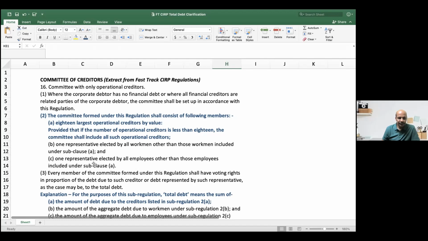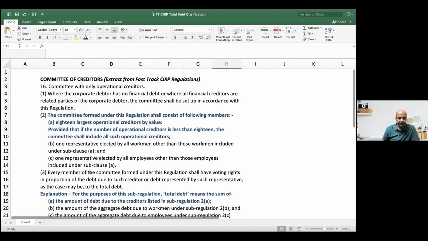Point number C, one representative elected by all employees other than those employees included under subclause A. Same thing, the way we read for workmen, same thing for employees. So if it is not included in subclause A, the operational creditors, then there will be one representative which will represent all the other employees.